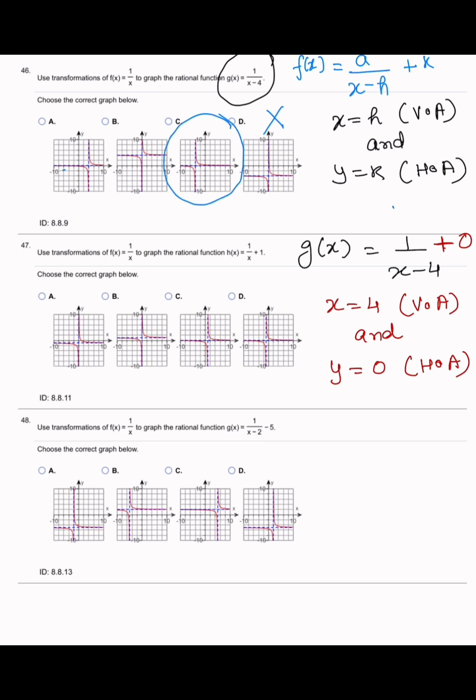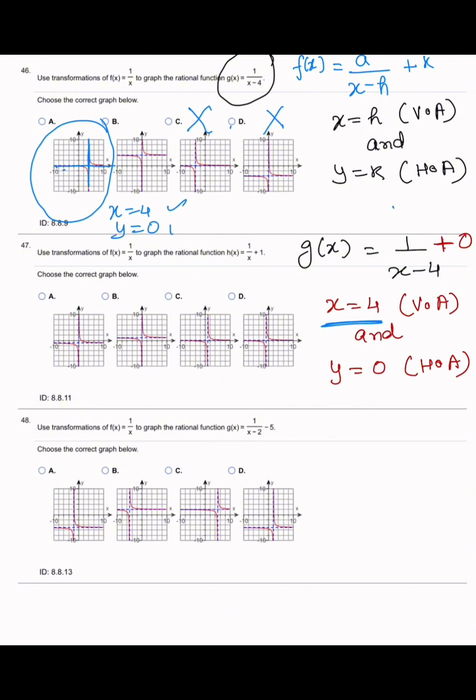Let's check another one. In this case, you see the vertical line is on the left side, which means it is x equals a negative number. And you can see the horizontal line. We don't need a negative number for x. We can eliminate it right now. And let's take a look at A. You can see in A, the vertical line is at x equals 4.